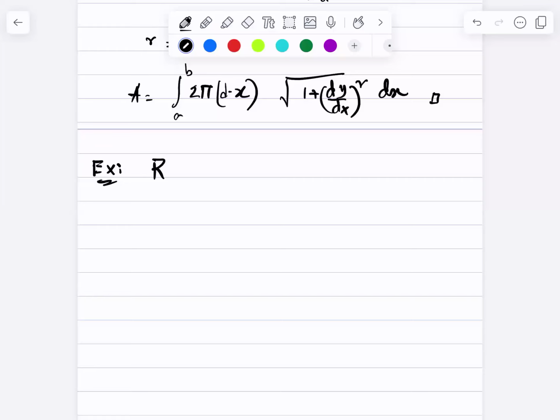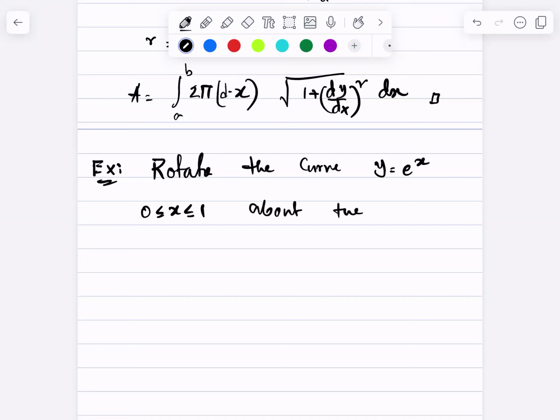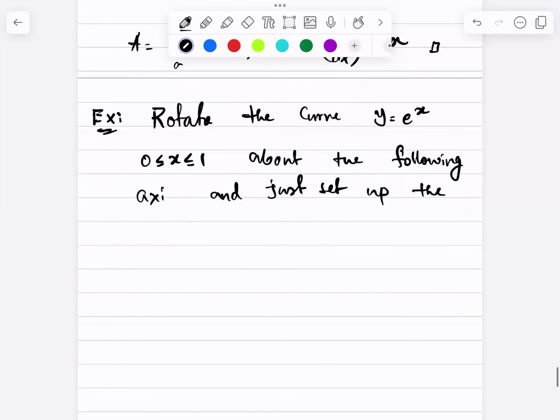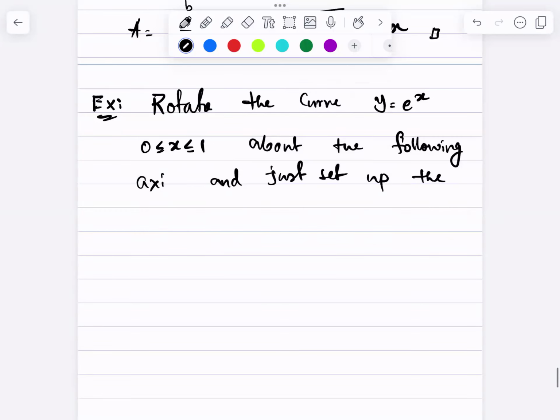Say, rotate the curve y equal to e to the x from 0 to 1 about the following axes, and just set up the integration for surface area.